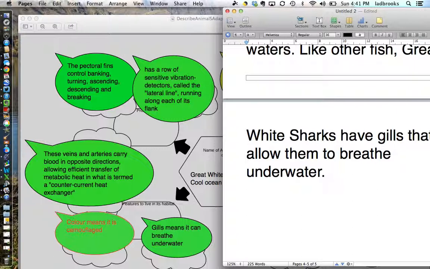And the last one is to do with the camouflage. Now, I've already mentioned this in another paragraph, so I'm not going to spend too long mentioning it again because I don't want to be repeating myself.